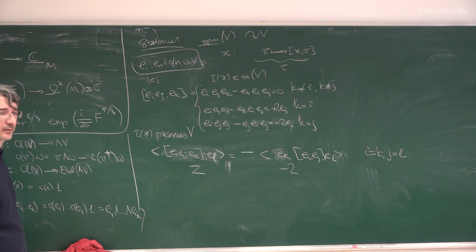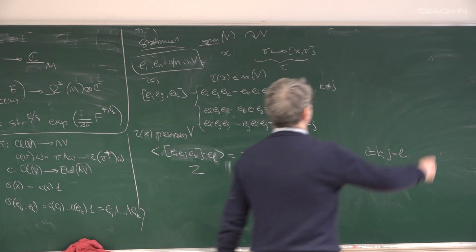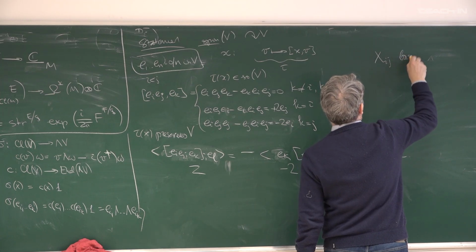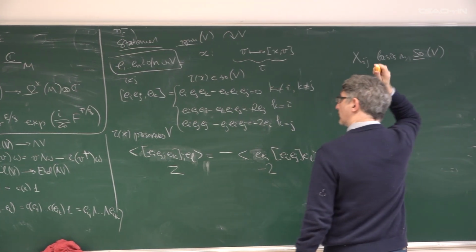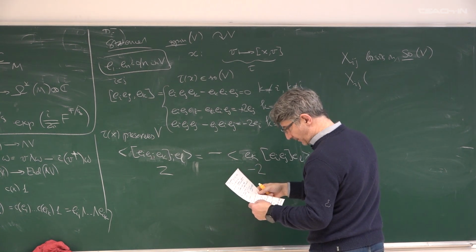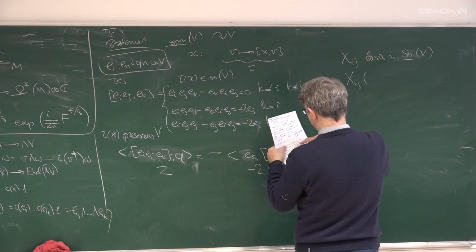So we have a skew-symmetric operator. Do you know skew-symmetric operators in a vector space equipped with a scalar product? It's an operator from SO. X_ij is a basis in small so(V), which is defined by the following formula. Well, now I need to look at my paper because I need to know how it acts here.